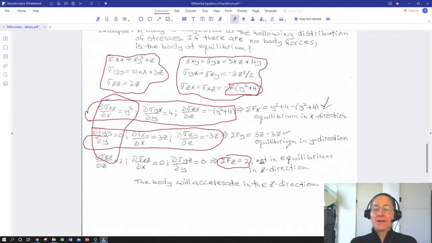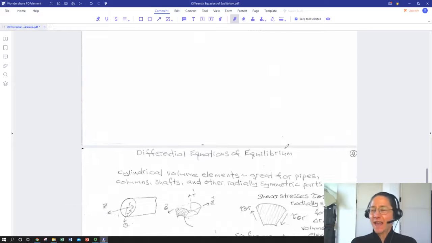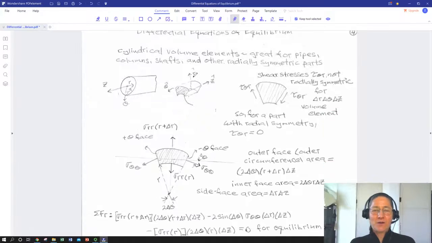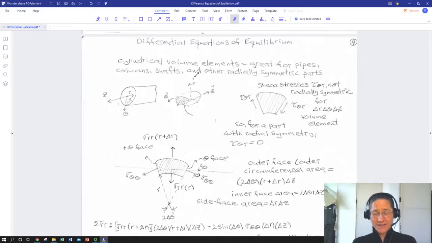So that's the end of our rectangular differential equations of equilibrium. So again, a little bit esoteric derivation, but very simple.